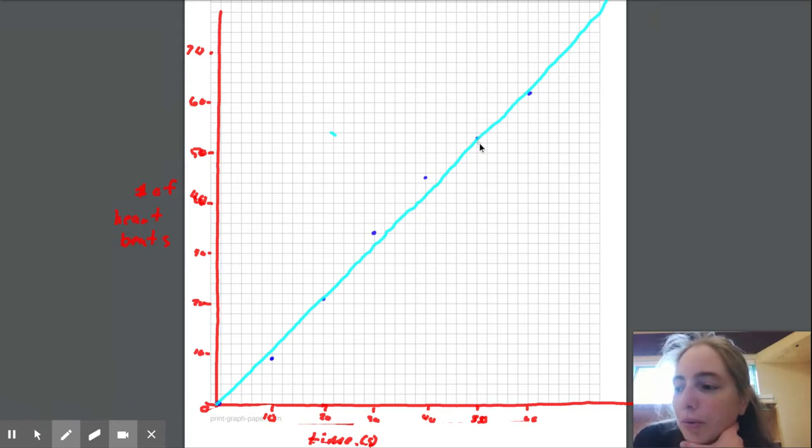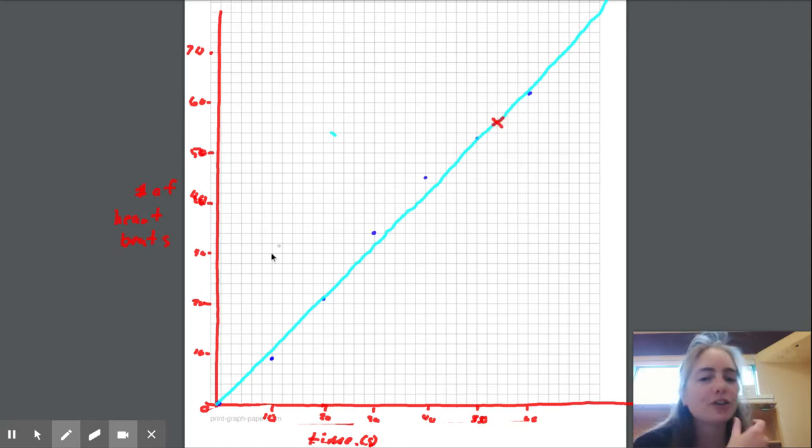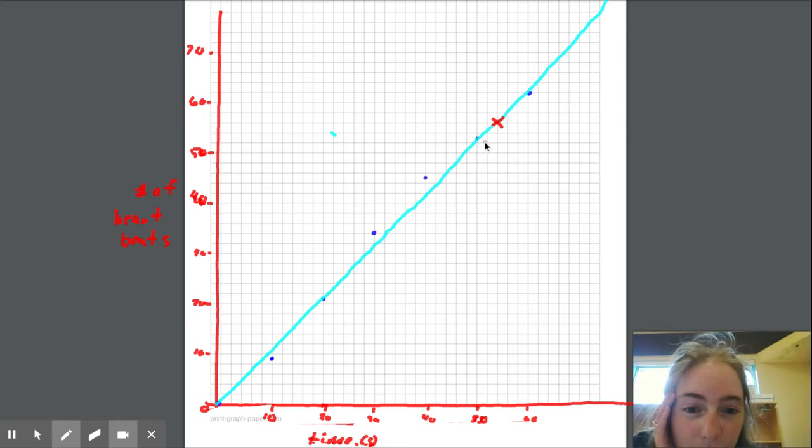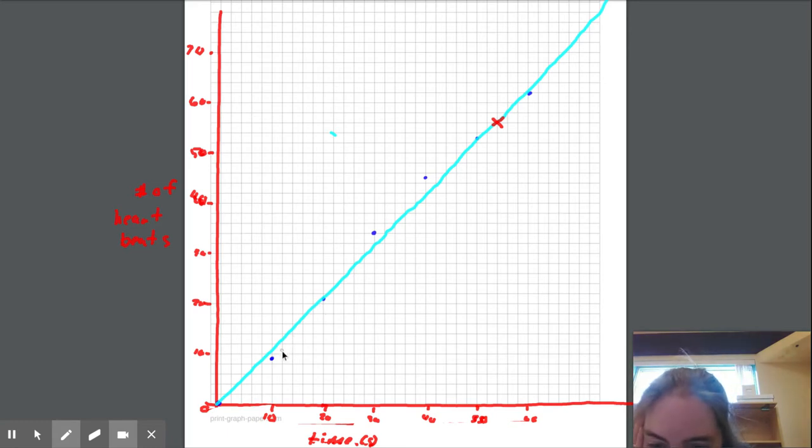I can pick data points, ladies and gentlemen. There, I like this one. I like picking data points that are in the intersection between 2 lines. It makes it so much easier to get your data. That's what I'm looking for, points that are far apart that intersect 2 of my grid lines. It makes my life infinitely easier. And there's one.